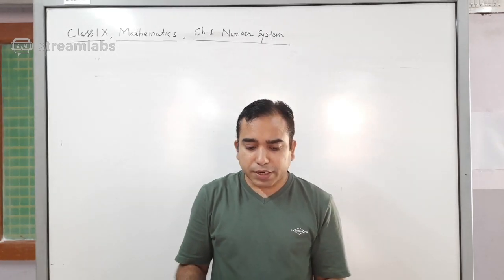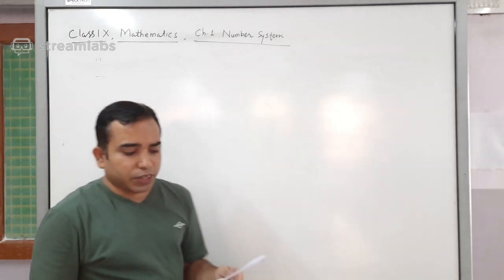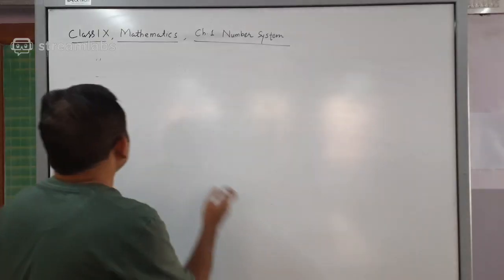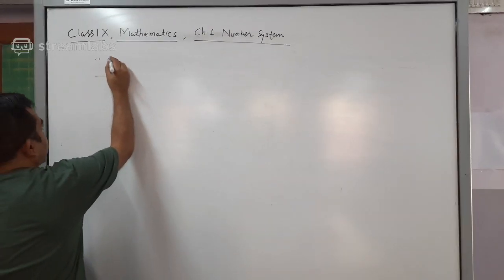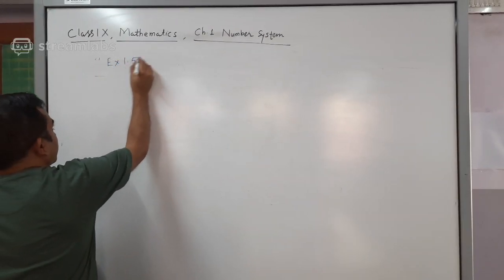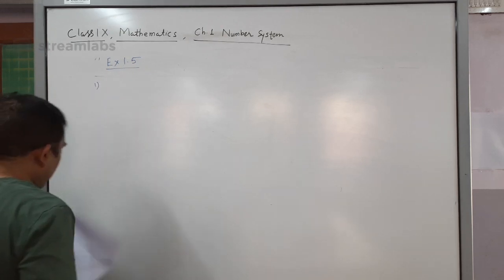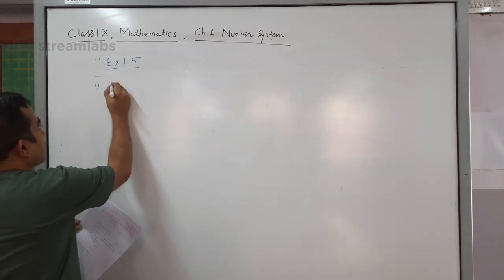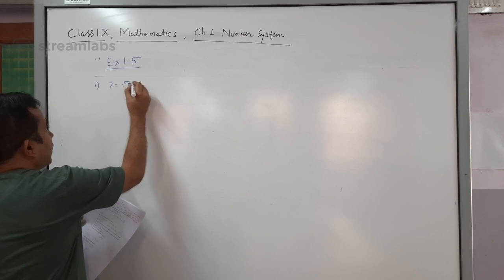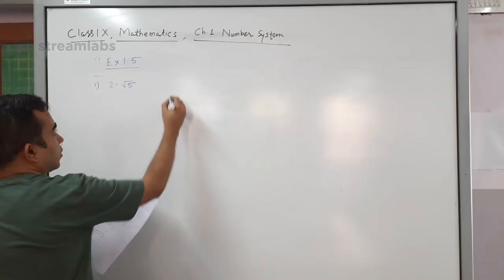First question is saying that classify the following numbers as rational or irrational. Some of the numbers are given in this exercise, and we have to examine whether these numbers are rational or irrational.